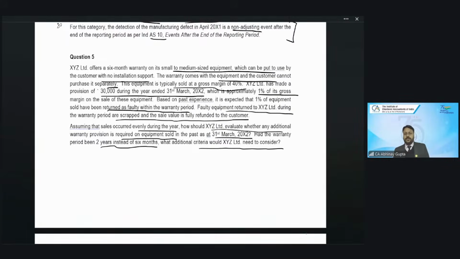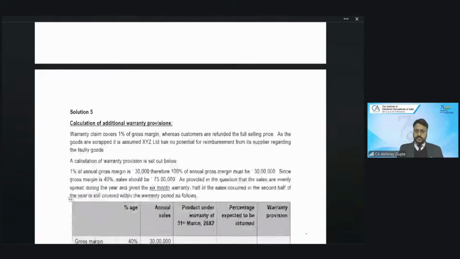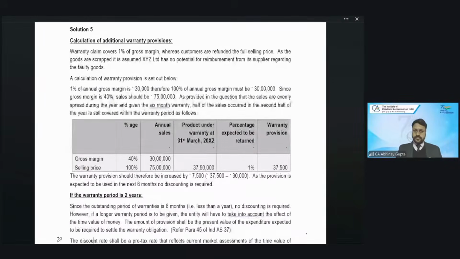So what is the sales amount? Total sales for the year, if you got it right. Sir, total sale here is 75 lakhs. See, in the question, it is clearly mentioned that the warranty claim covers 1% of the gross margin, and the warranty amount is 30,000.